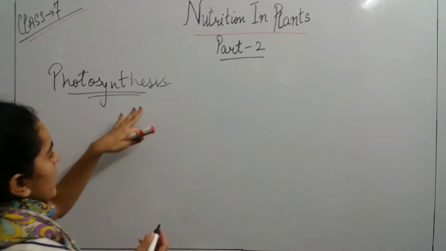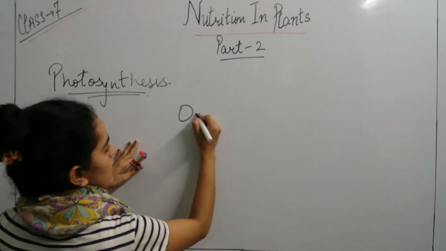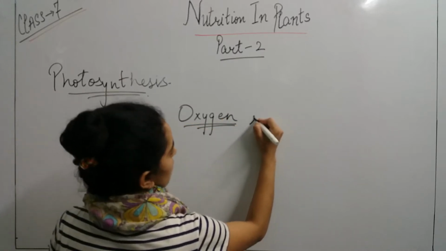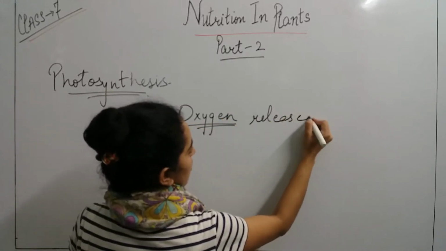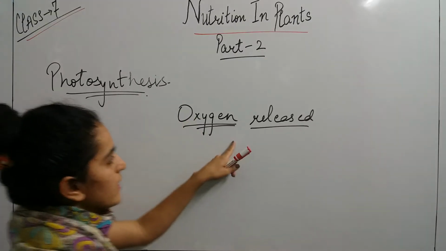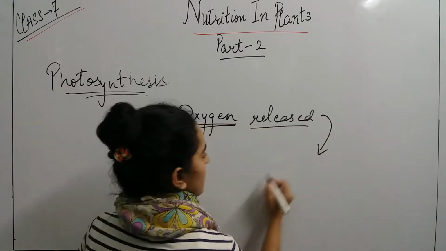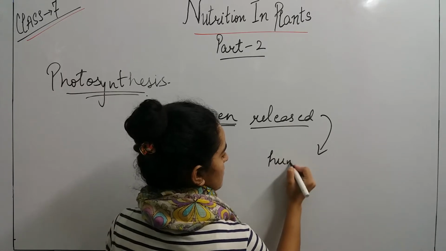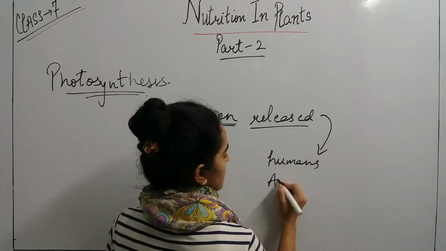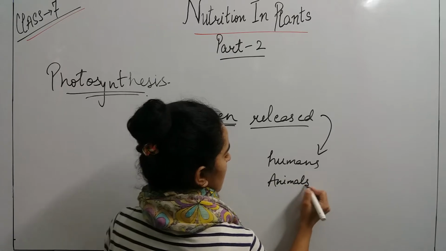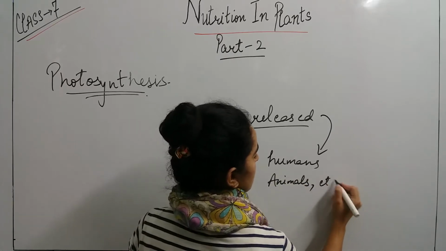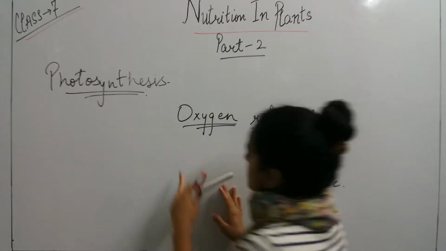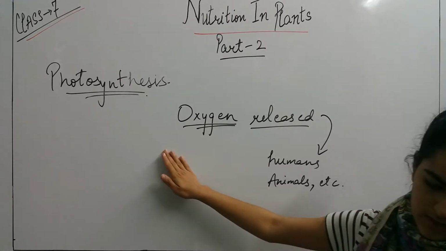In this reaction, oxygen is released out. The oxygen is released and utilized by other living organisms like humans, animals, and other organisms who need oxygen. So the oxygen is released in the process of photosynthesis.